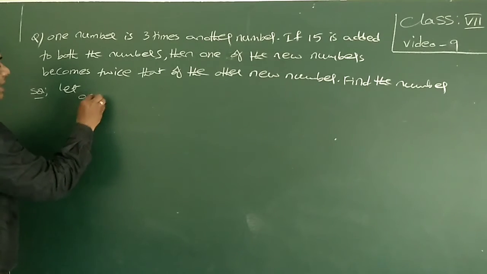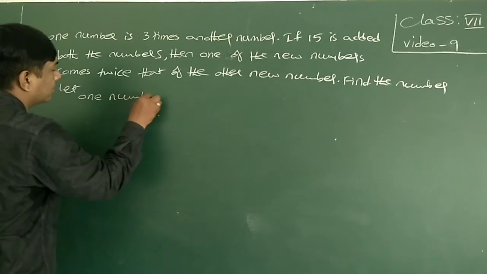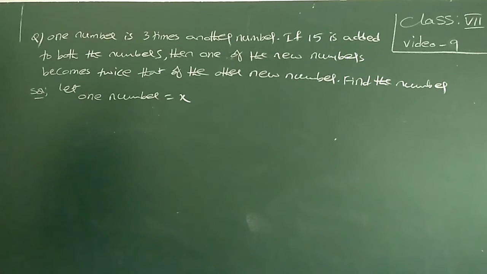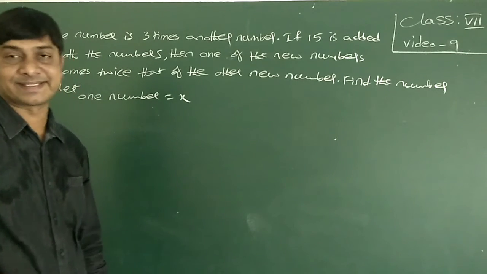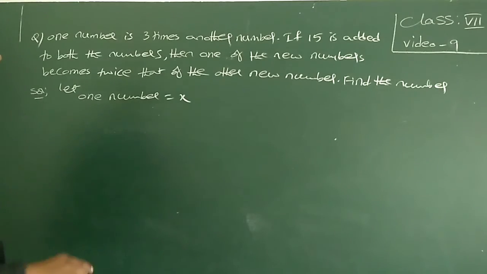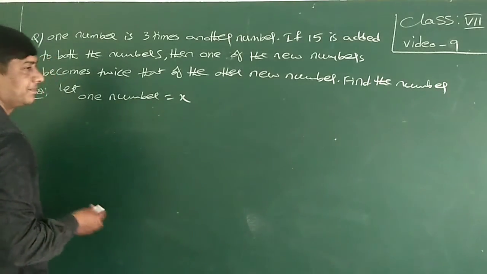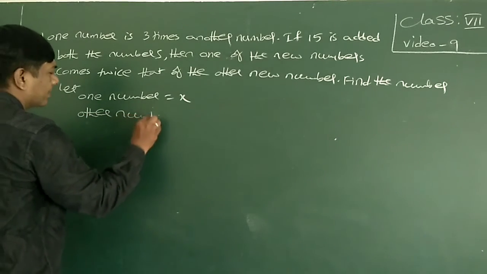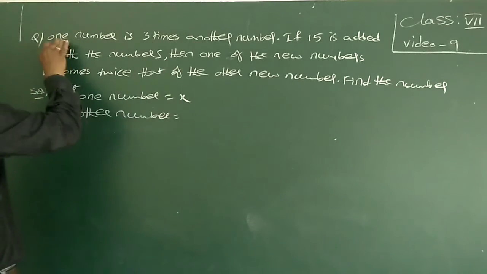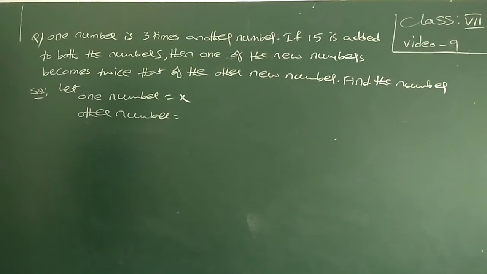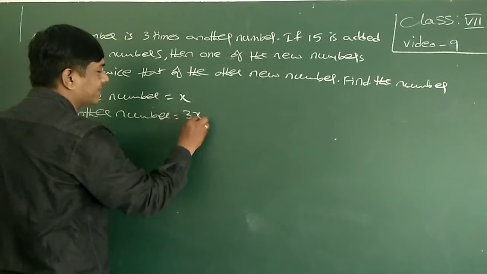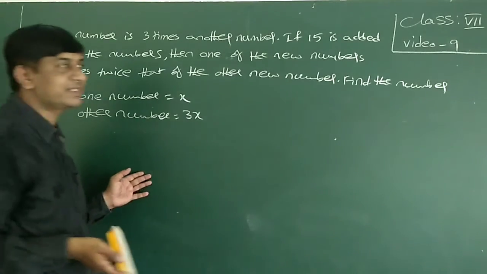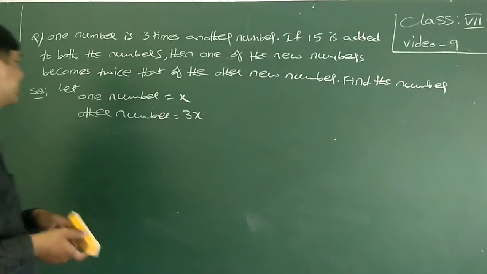Let one number be x. The other number is 3 times this number, 3x.